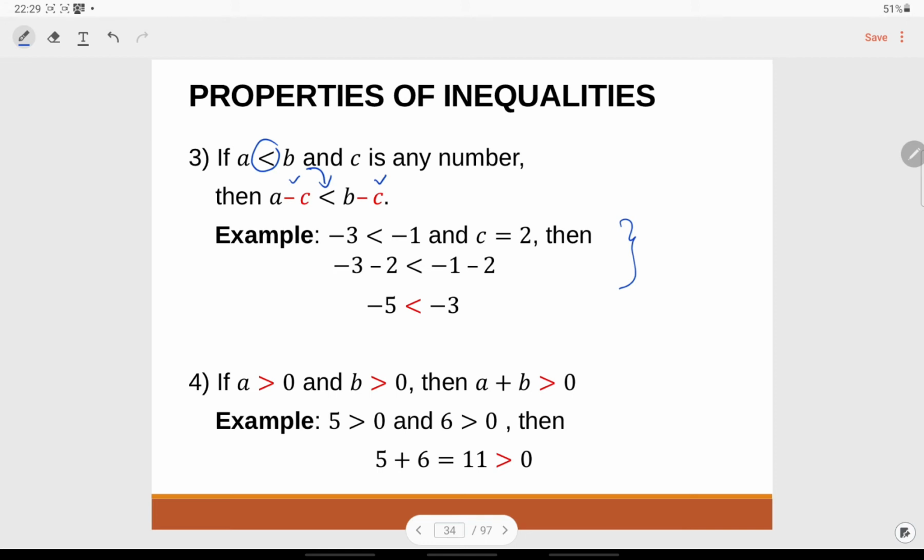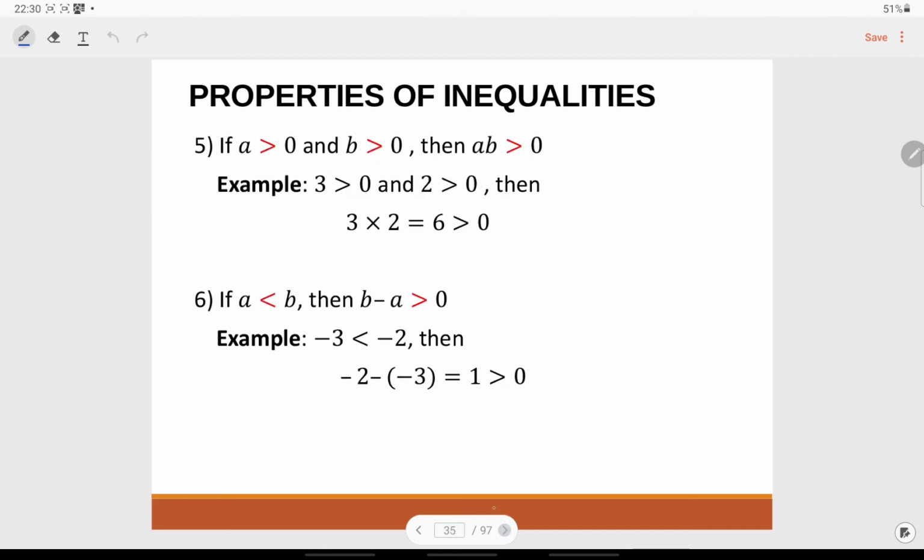For the next property, if A is greater than 0 and B is also greater than 0, then A plus B is greater than 0. Next, if A is greater than 0 and B is greater than 0, just like addition, the multiplication of A and B is also greater than 0.